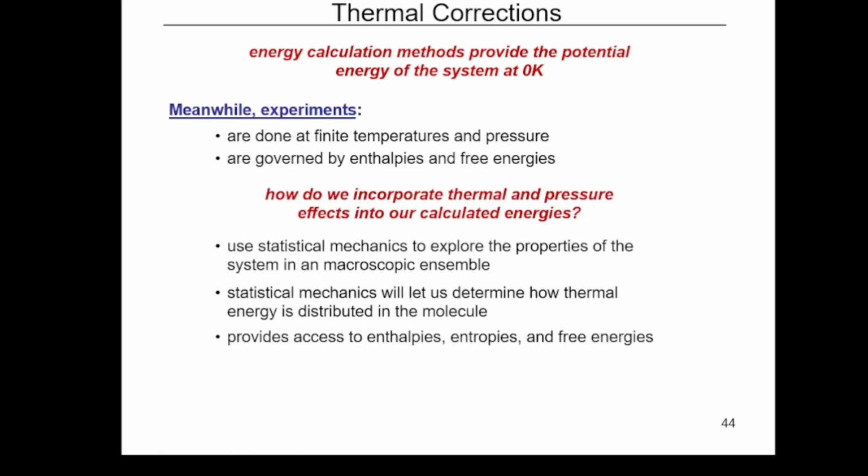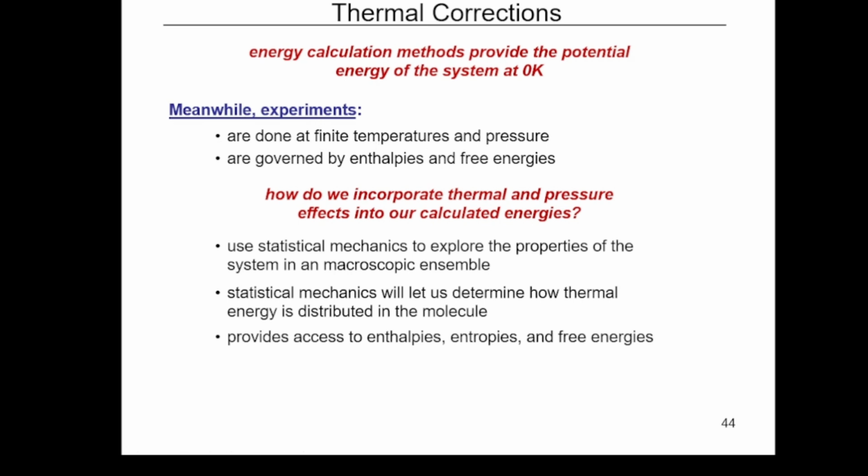Okay, now moving to the thermal correction. All calculations by default are carried out in the gas phase and at 0 Kelvin. For example, if you talk about calculation in Gaussian software, energy calculation methods provide the potential energy of the system at 0 K. Meanwhile, experiments are done at finite temperature and pressure.